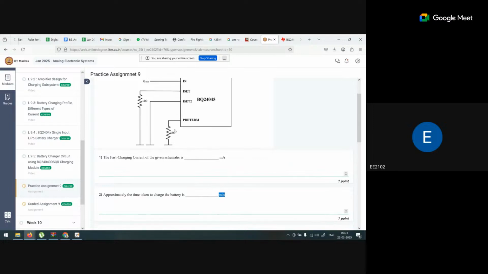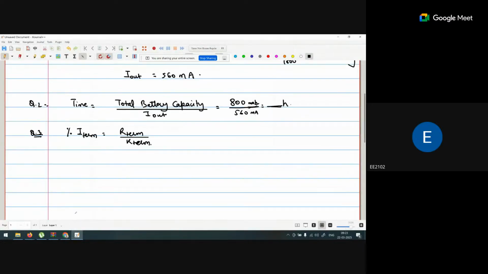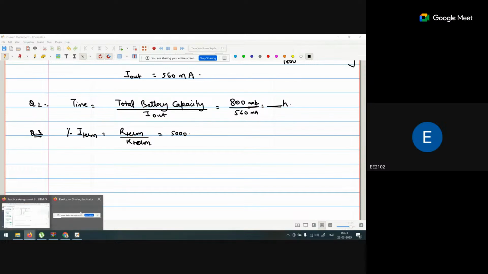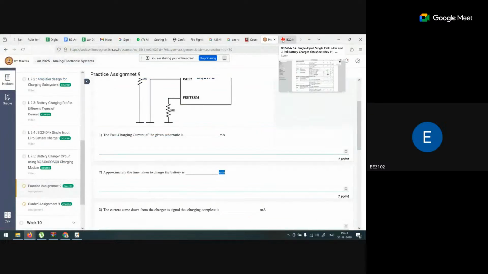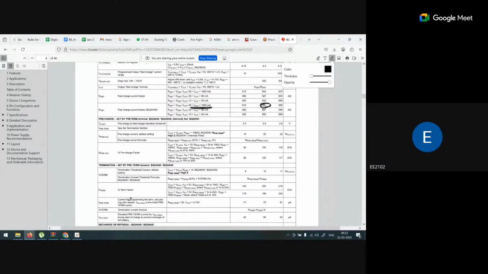So R term is 5 kilo, and K term will be given in the application.